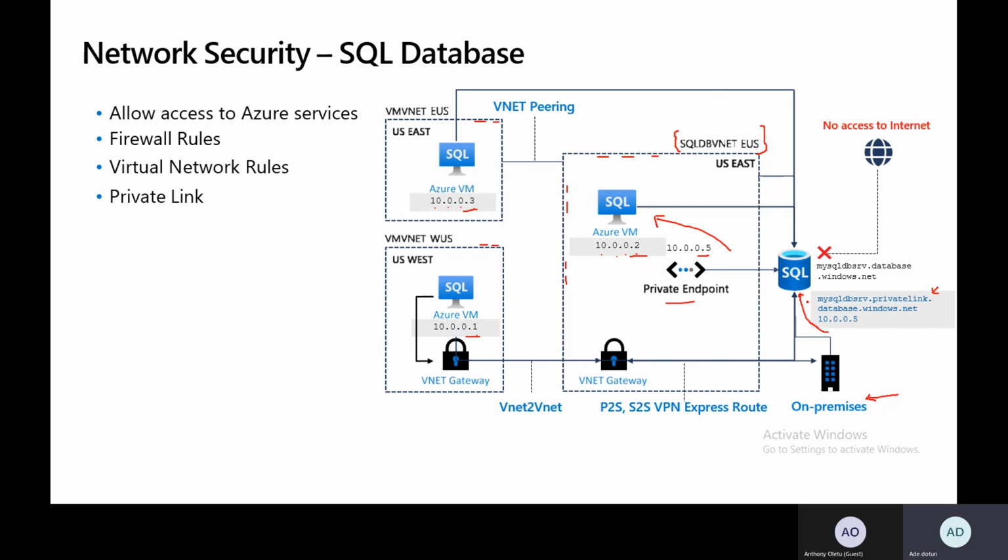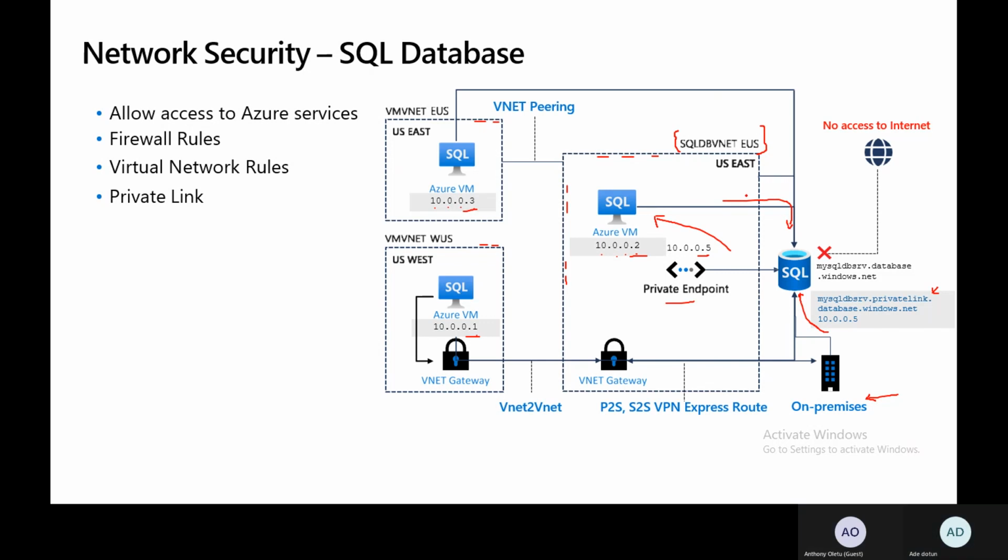Because it's coming from on-prem, they have cancelled out any access to the internet. Because it's from on-prem, this private endpoint can communicate directly to it. This Azure VM can communicate directly to it too.